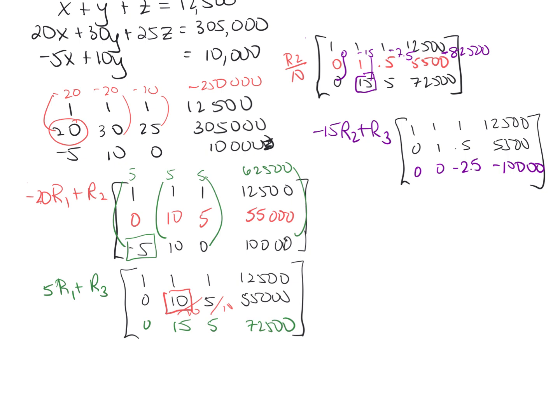Okay, last step. So the steps are still the same. The numbers are just a pain in the butt. So now I want to divide row 3 by negative 2.5.